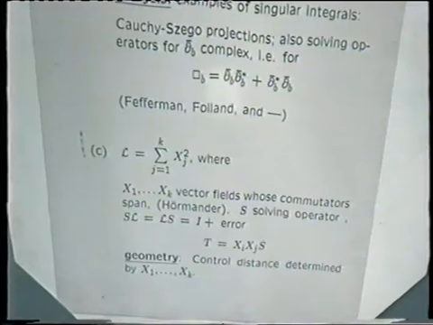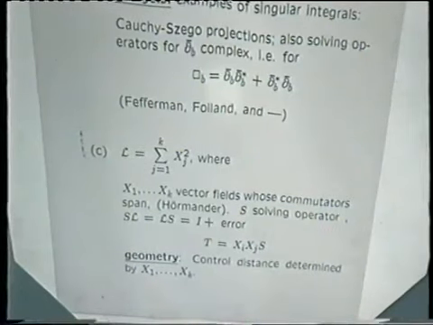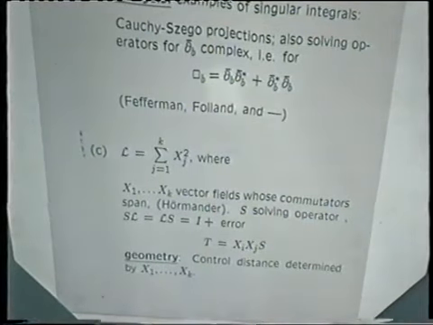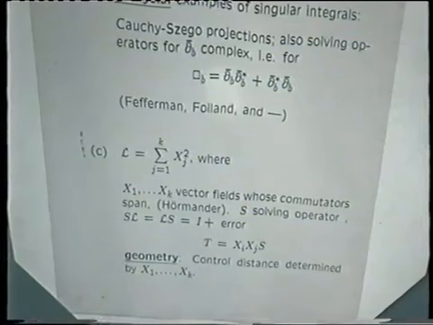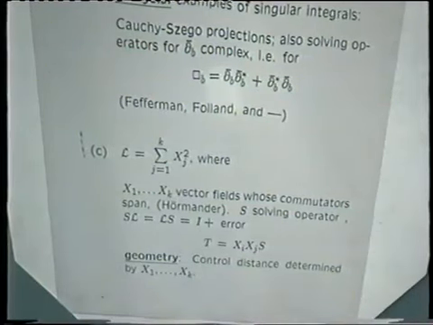It's when you're given a collection X1 up to Xk of real smooth vector fields whose commutators span, and you form the sub-Laplacian associated with it, which is the sum of the squares. And then it turns out that, again, the control geometry, which is now associated to these vector fields, is the crucial geometry in terms of which all estimates are to be made.